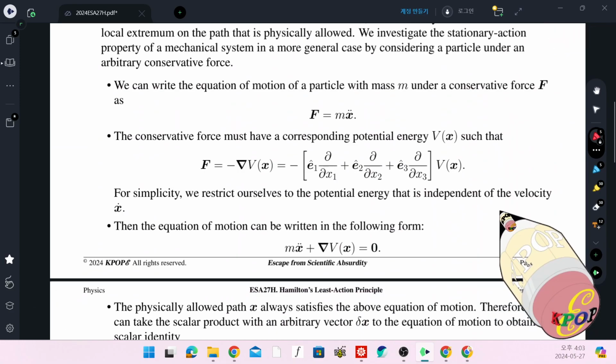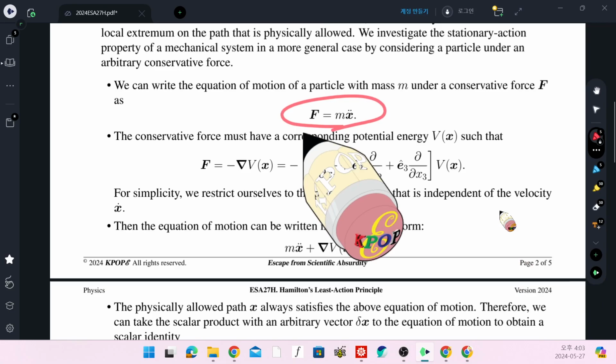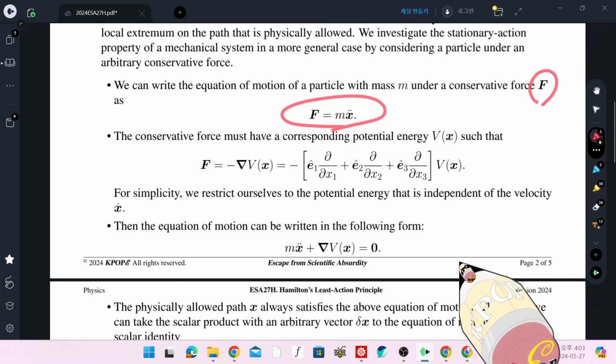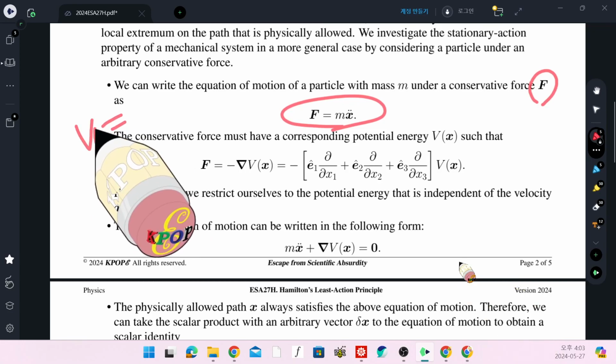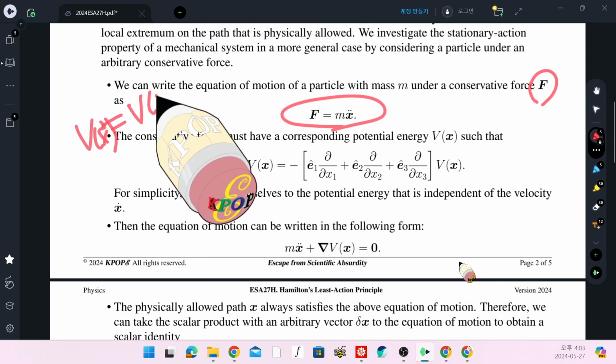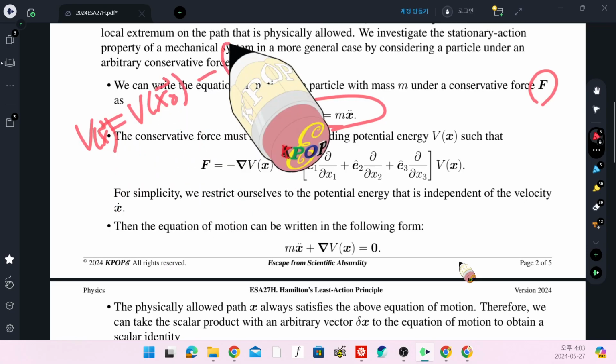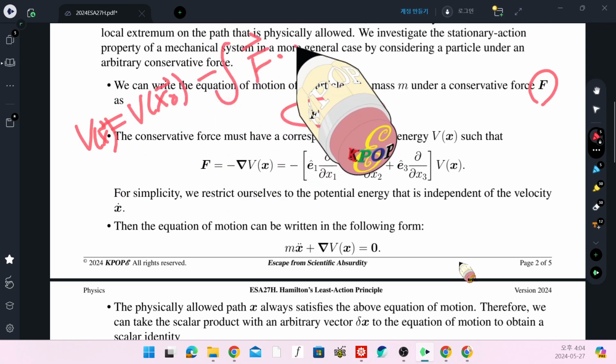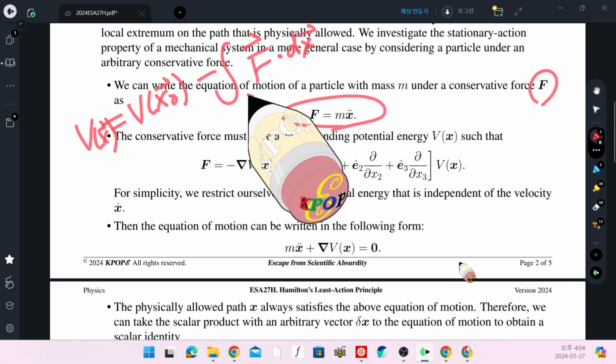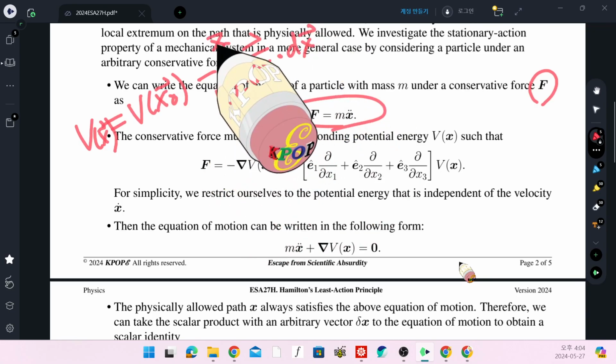We can rewrite the equation of motion F equals ma for arbitrary conservative force F. If it is conservative, then we can always define the corresponding potential energy, which is defined to be evaluated at a certain point, and the work done by the force from this reference point to an arbitrary point.